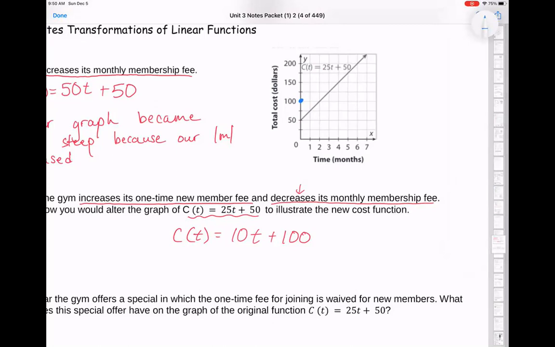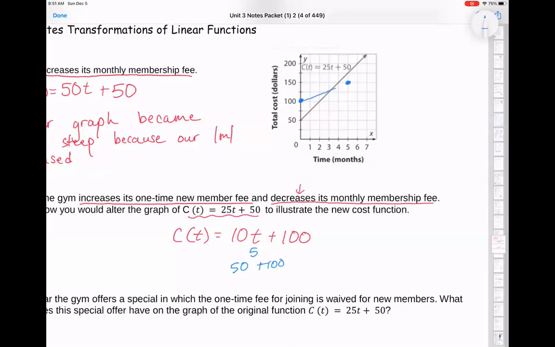So in terms of a nice clean point, you could say that it goes up $50 at 5 months. So there's another clean point that you could graph, right? Because if you were at this gym for 5 months, then that would be $50 plus $100. You end up with that $150 amount. So that's another clean point.